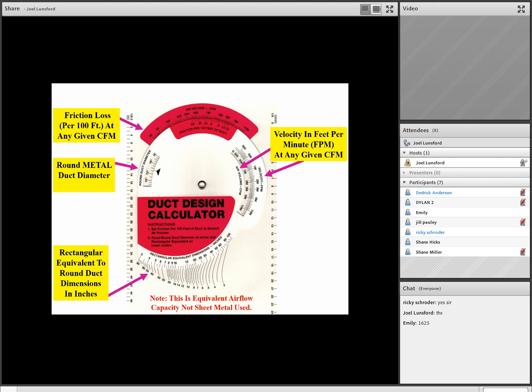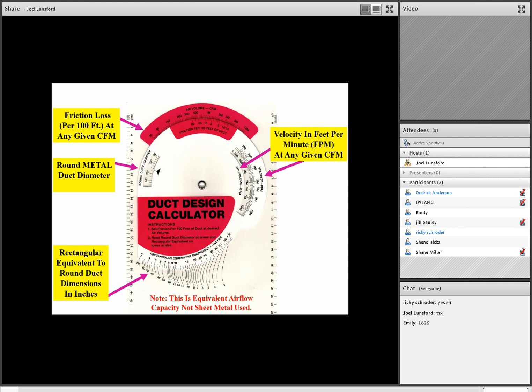When we start designing a duct system, we want to make sure that all the duct components we put on there, all the ductwork and takeoffs and registers and dampers and filters and all the different things that we build into a complete system, do not add up in friction loss, including the boots and all the components, and exceed the capability of the fan.